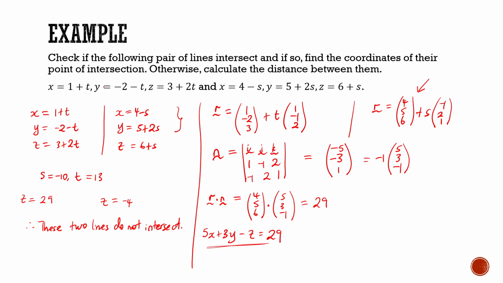The point that lies on the other plane is 1, negative 2, 3. So the distance between those skew lines would in fact be the distance of the point 1, negative 2, 3 from the plane that we've just got.